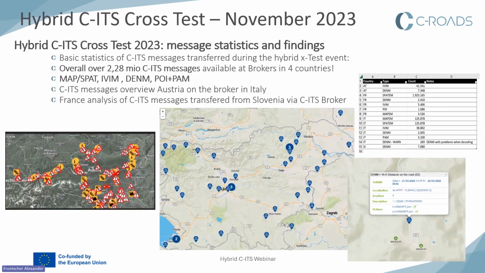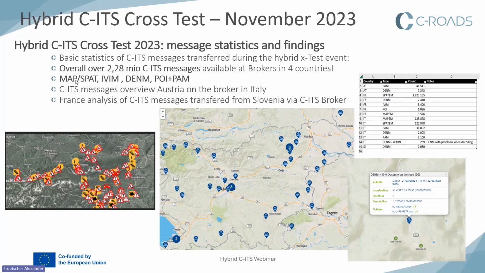Looking into some details of this, overall, during these cross tests, more than 2.28 million C-ITS messages were shared. Here on the right-hand side, you see the respective message table with the number of messages from the main message types that were available at the time.